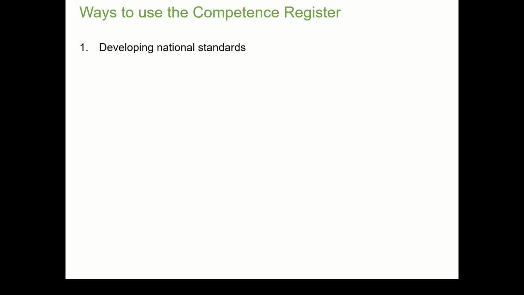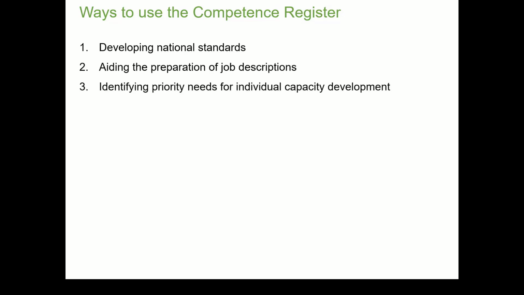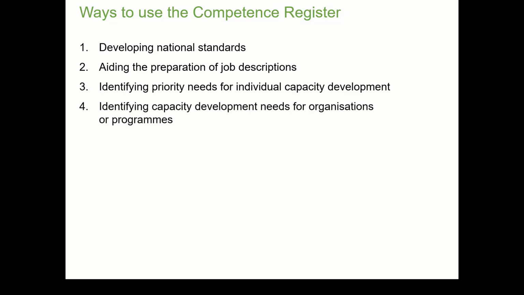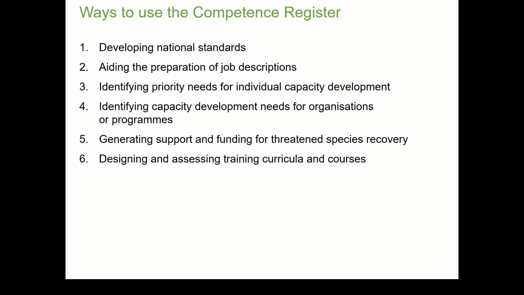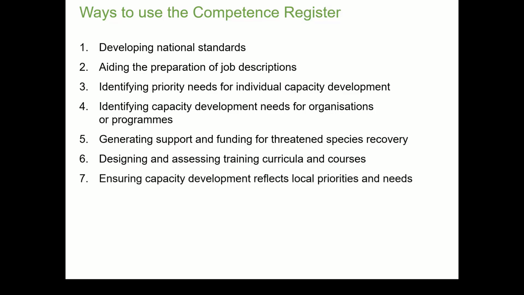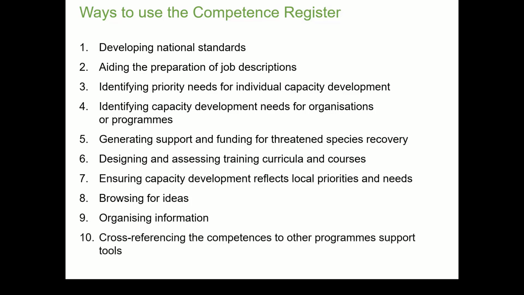These include developing national standards, aiding the preparation of job descriptions, identifying priority needs for individual capacity development, identifying capacity development needs for organisations or programmes, generating support and funding for threatened species recovery, designing and assessing training curricula or courses, ensuring capacity development reflects local priorities and needs, browsing for ideas, organising information, or cross-referencing the competencies to other programme support tools.